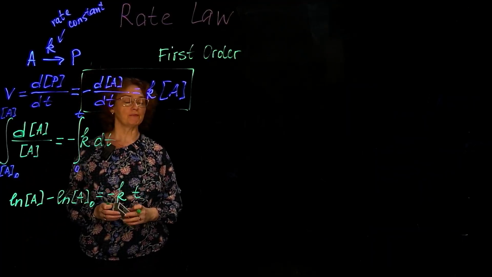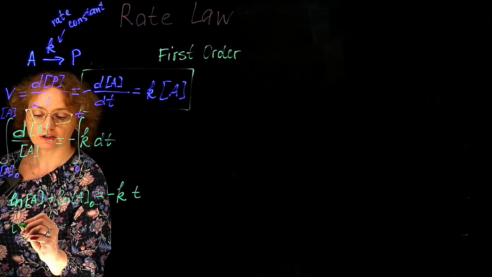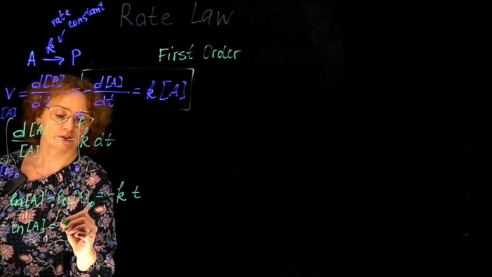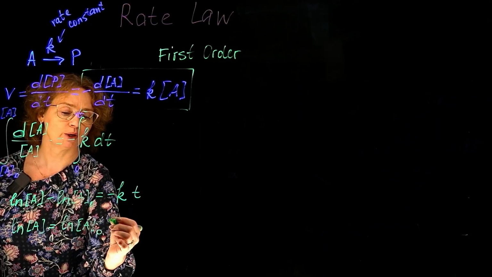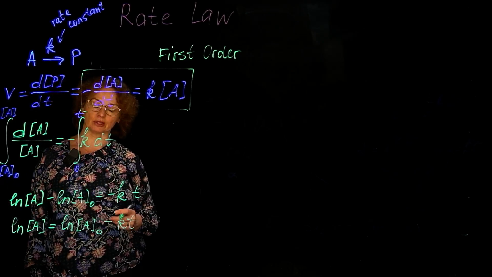So that's our equation. Now we can simplify it by having just the logarithm of the reactant concentration on the left part, and the logarithm of the starting concentration will move to the right part, minus kt. t is the time, k is the rate constant.